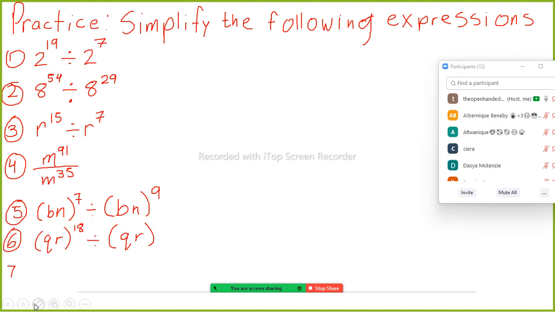It's not good. So let's say QR to the power of 21.